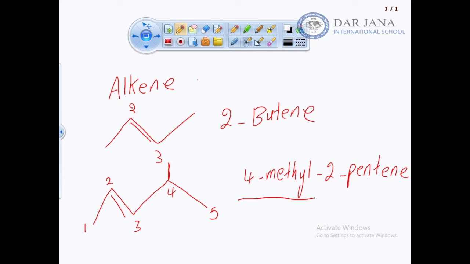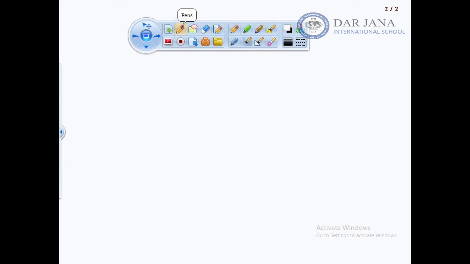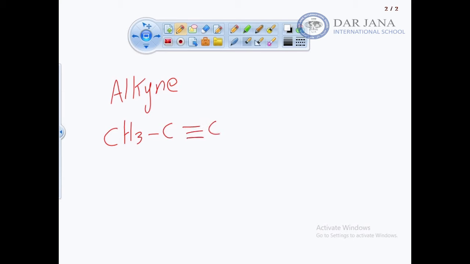Let's go to the third functional group, which is alkyne. Alkyne contains at least one triple bond. Let's see this example. So the name of this hydrocarbon molecule is 2-butyne.